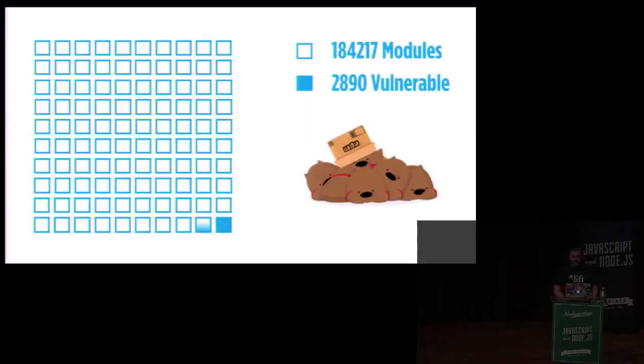So we ran it against NPM back when there were about 184,000 modules, and we found that about 1.6% of things had known flaws. We're going to start to expose that through the Node Security Project. You should be looking at your project. Not that exciting. It's needle in a haystack, right? The majority of the projects don't have those libraries, and a good portion of these things are probably in test directories and example directories.